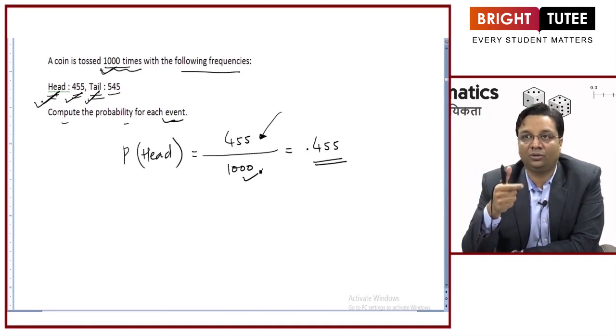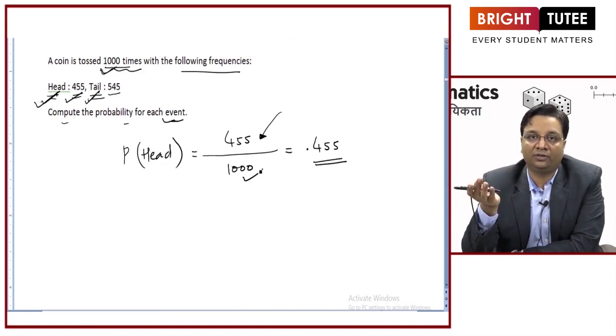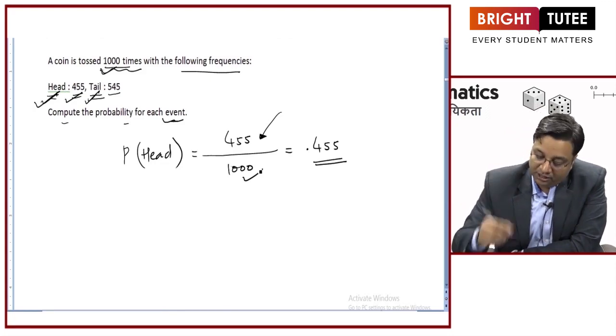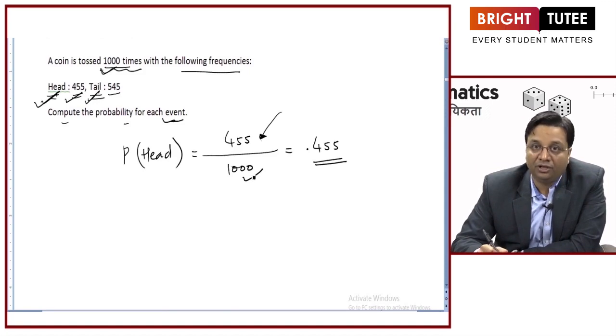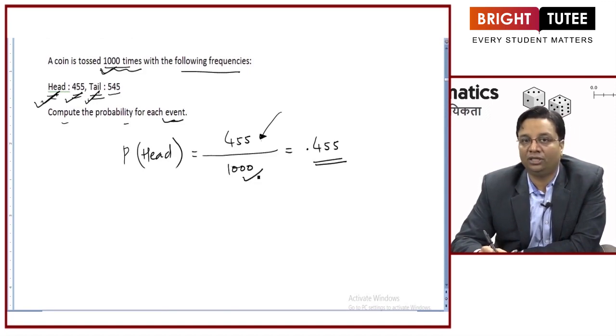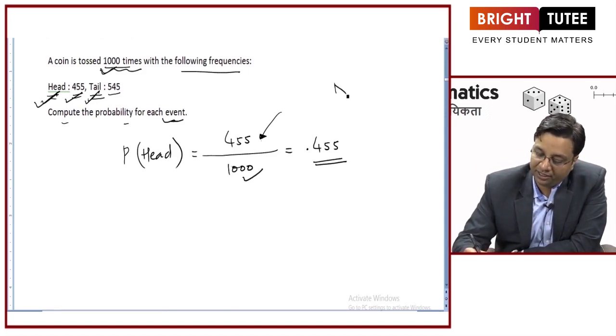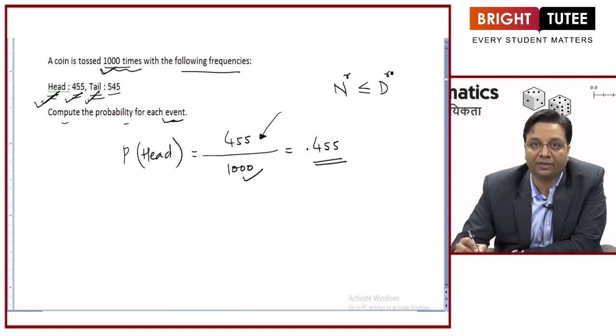Let us say you throw a coin 10 times and head comes 0 number of times, or the maximum number of times head can come is 10, right? So this number in the numerator will always be lesser than or equal to the denominator.